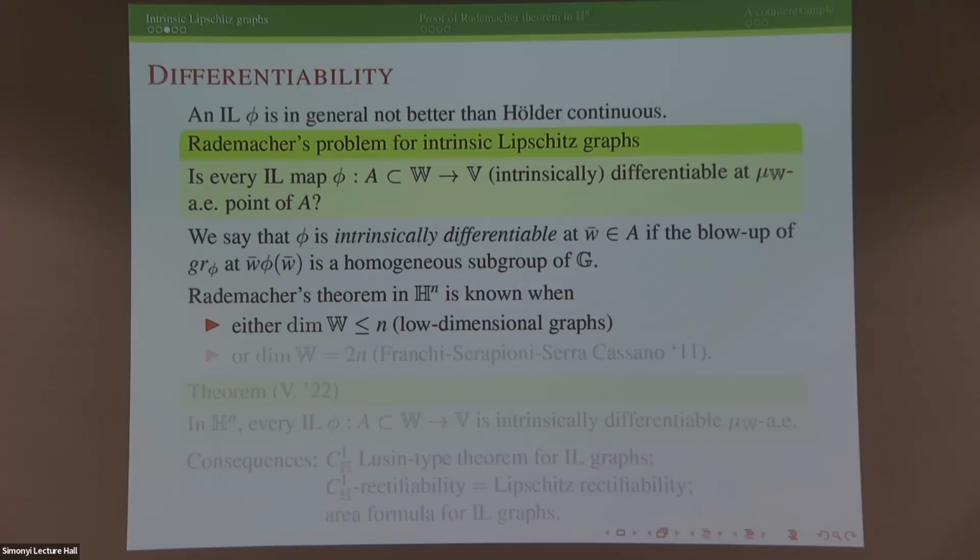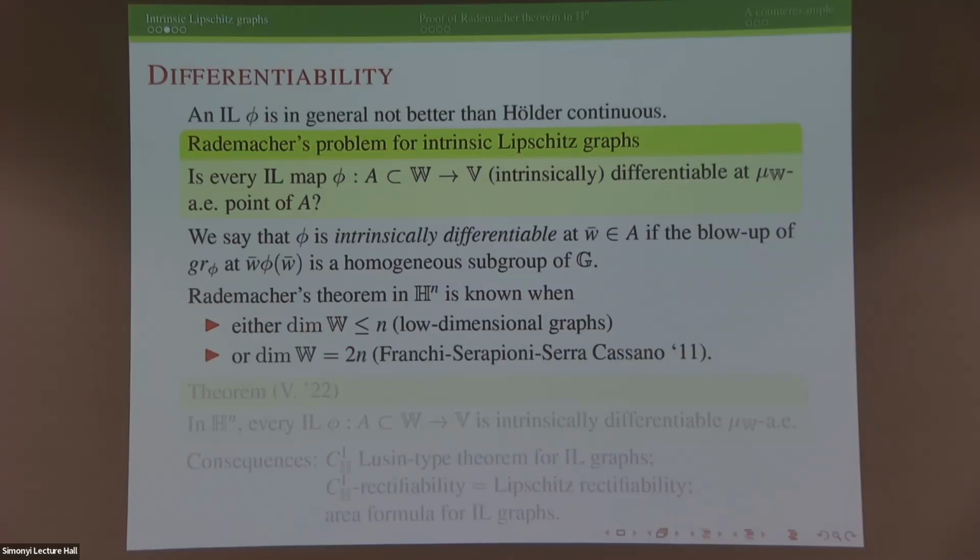Intrinsic Lipschitz graphs also have classical Lipschitz regularity, so you can simply use Rademacher theorem. So the interesting case is when W, the domain, is vertical and the target V is horizontal, and so the domain W has high dimension and the target low dimension.